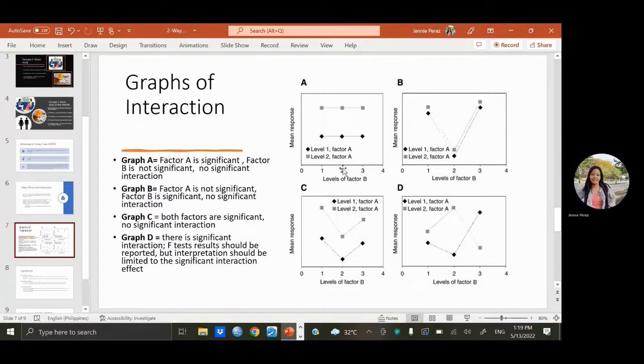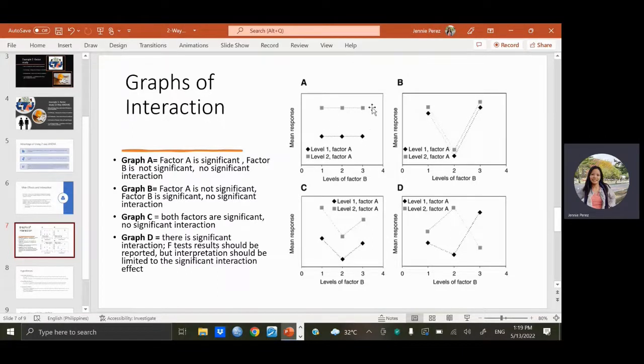So we have here 2 factors, factor A and factor B. Now, here in this x-axis, we have the levels of factor B. So there are 3 levels of factor B. So we have level 1, level 2, and level 3.